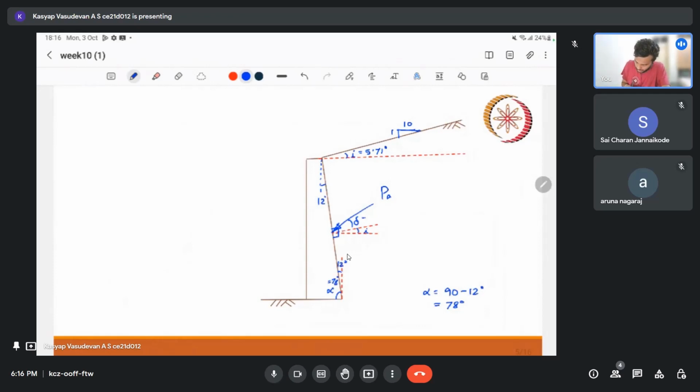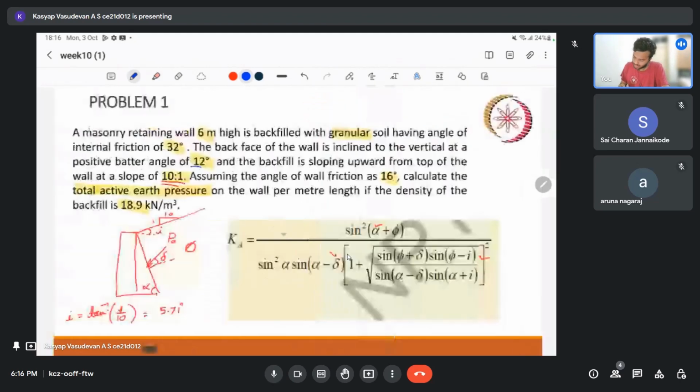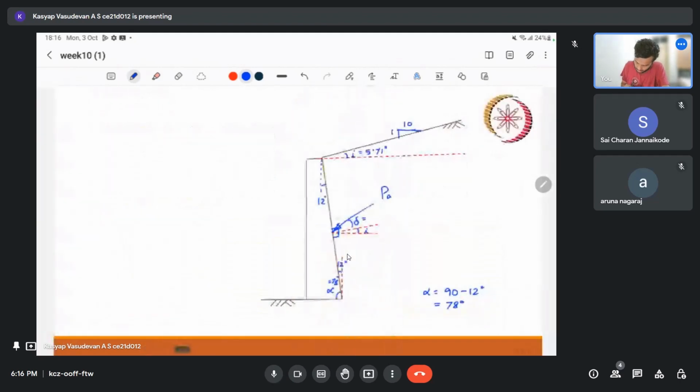Delta we are already given as 16 degrees, phi is 32 degrees, and gamma is 18.9 kilonewton per meter cube. The total height is 6 meter.